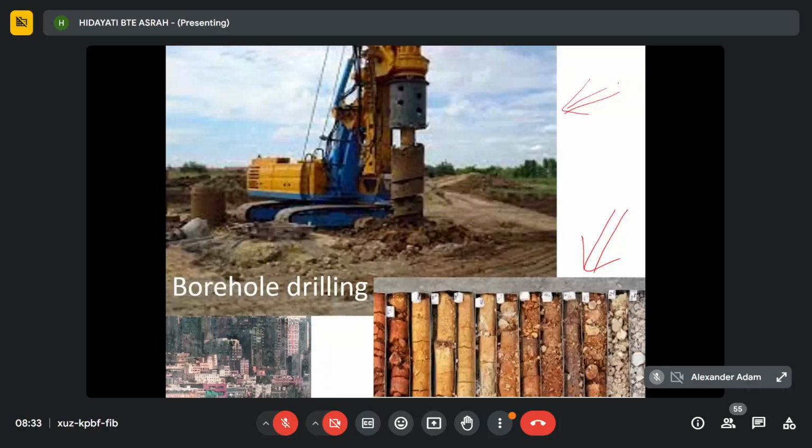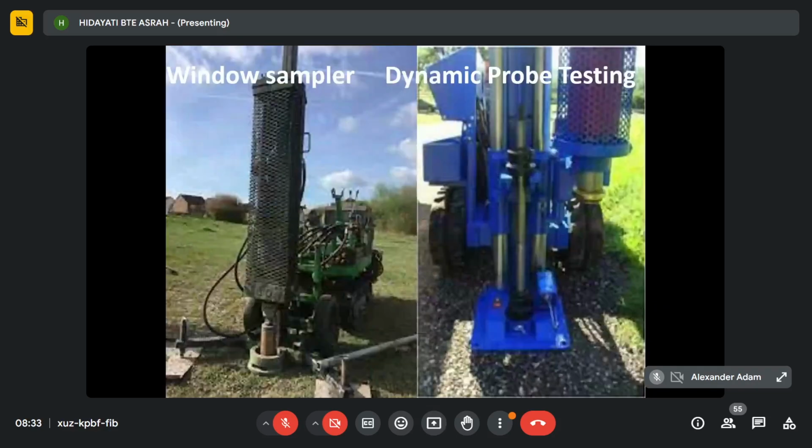The third method is known as window sampler or dynamic probe testing. In the window sampler method, the soil sample is obtained by inserting a steel tube. If you see here, this is a steel tube, and it comes in different diameters.